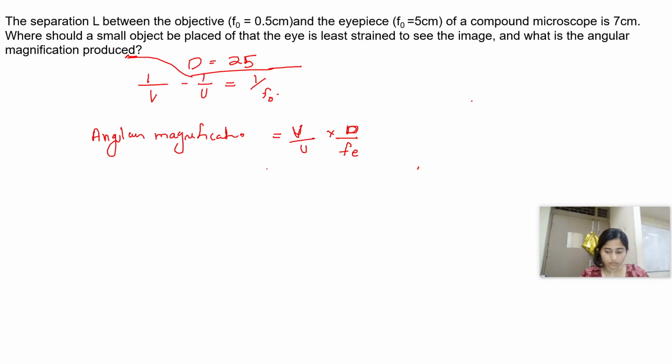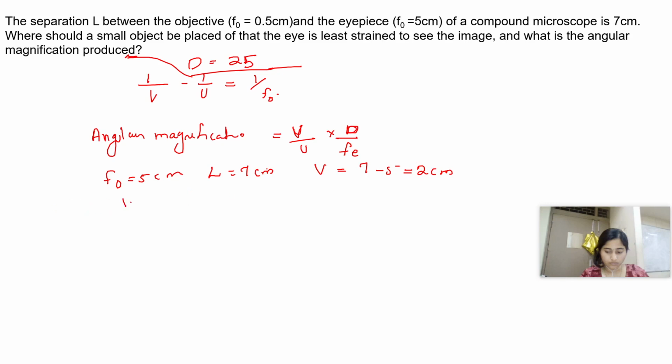That is the condition. So here the things are given: Fo is 5 centimeter and L is 7 centimeter. Then the image will form at v equal to 7 minus 5, so it will be 2 centimeter from the objective, so positive 2 centimeter.